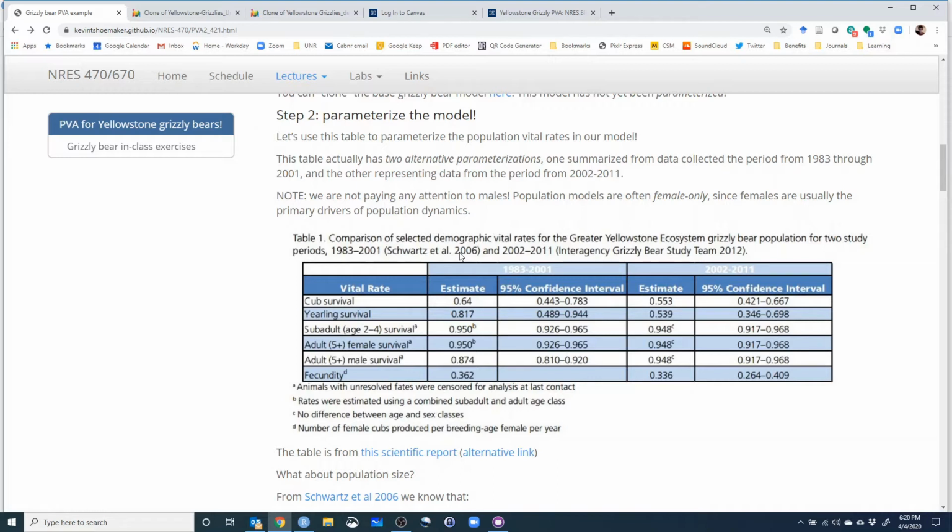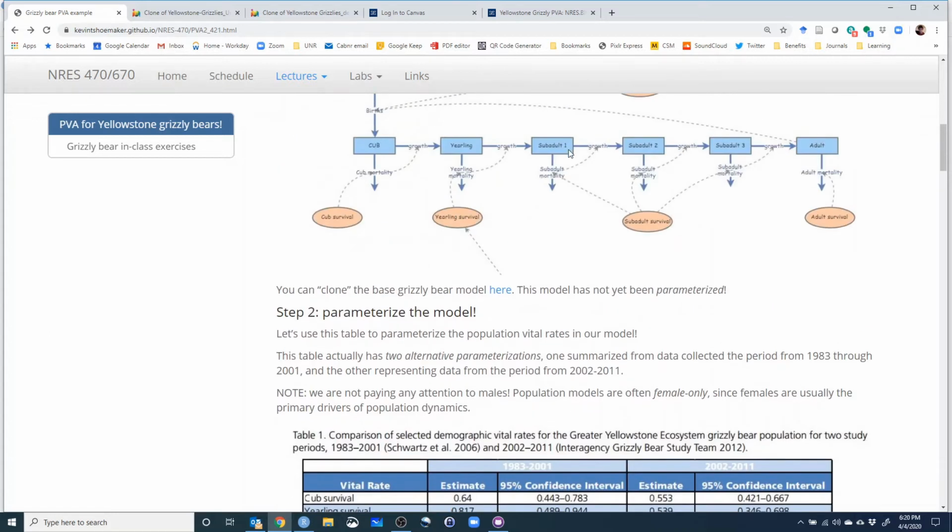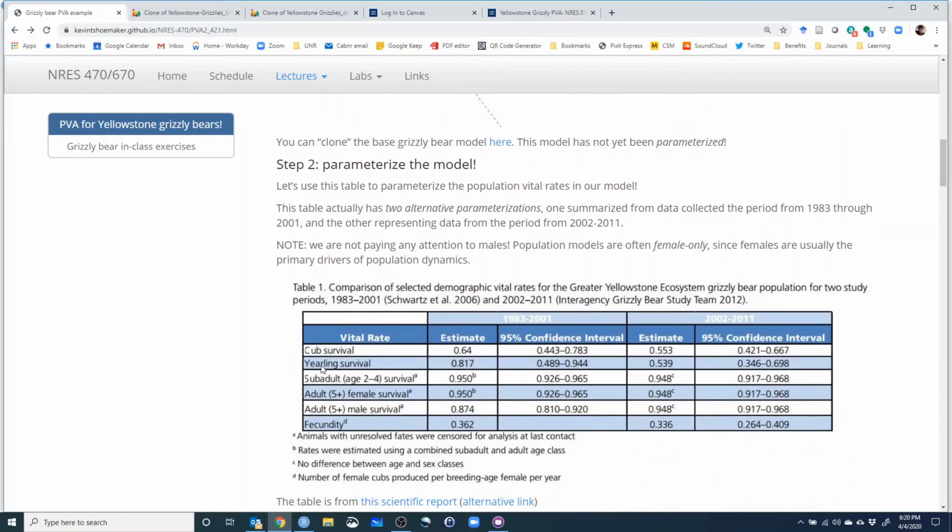And this study documents the vital rates for this population, and it is really right along the lines of the conceptual life history that we've already put together. We have cubs, yearlings, subadults, adults, and the fecundity, and the adults are the only stage that can produce offspring.